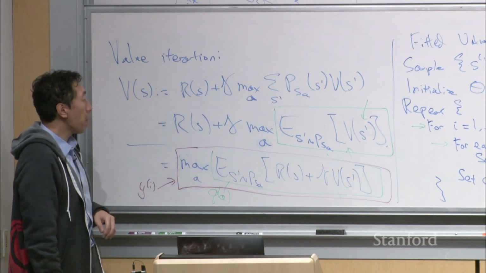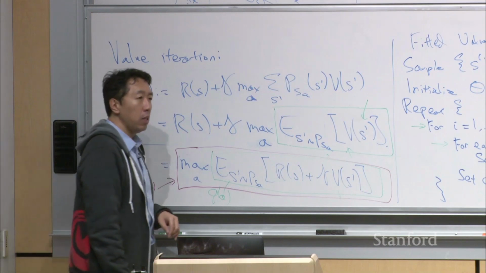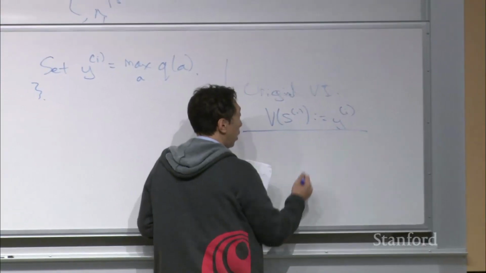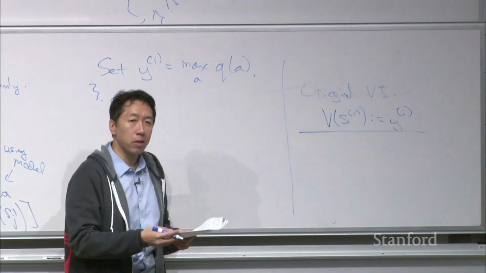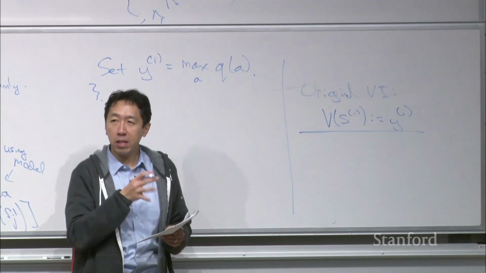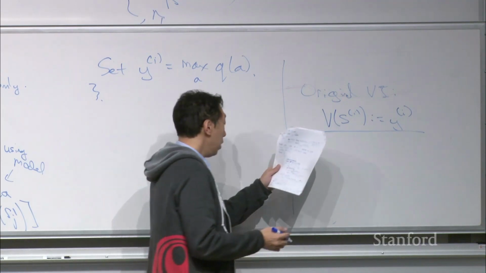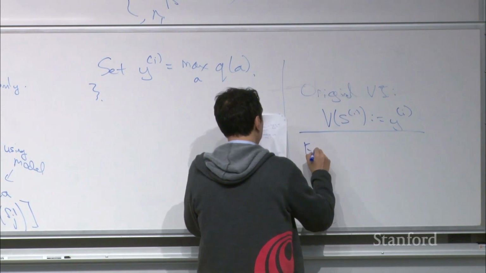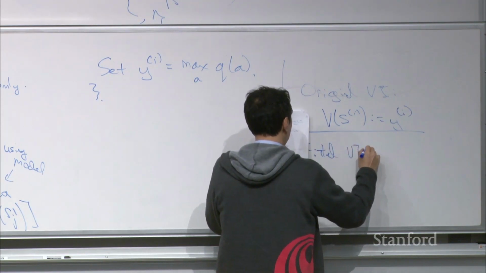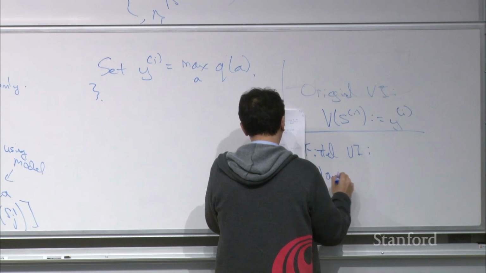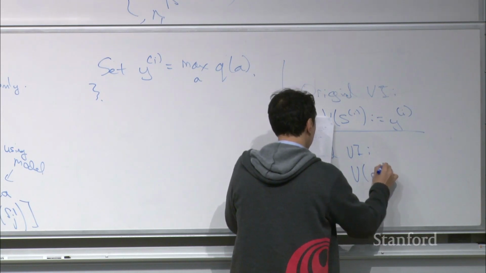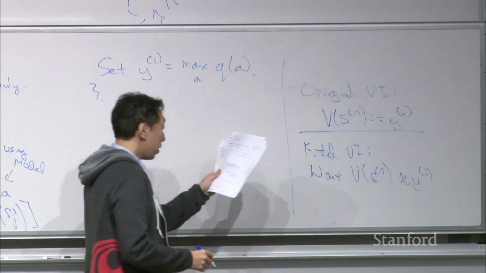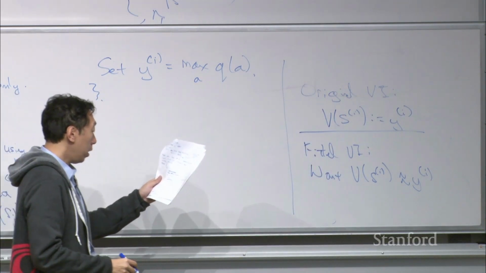But in fitted value iteration, V of S is now approximated via a linear function, so you can't just go into a linear function and set the value of points individually. So what we're going to do instead in fitted VI is use linear regression to make V of si as close as possible to yi.